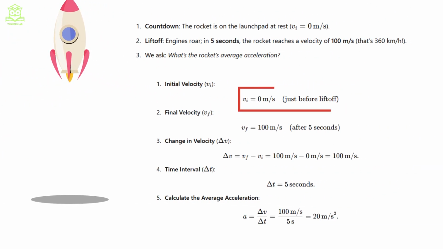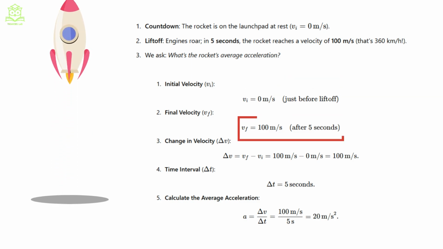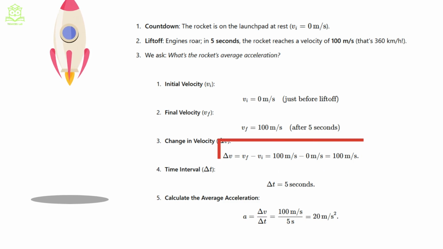Let's calculate. 1. Initial velocity, vi. vi equals 0 meters per second, just before liftoff. 2. Final velocity, vf. vf equals 100 meters per second after 5 seconds. 3. Change in velocity, dv. dv equals vf minus vi, 100 meters per second minus 0 meters per second equals 100 meters per second. 4.